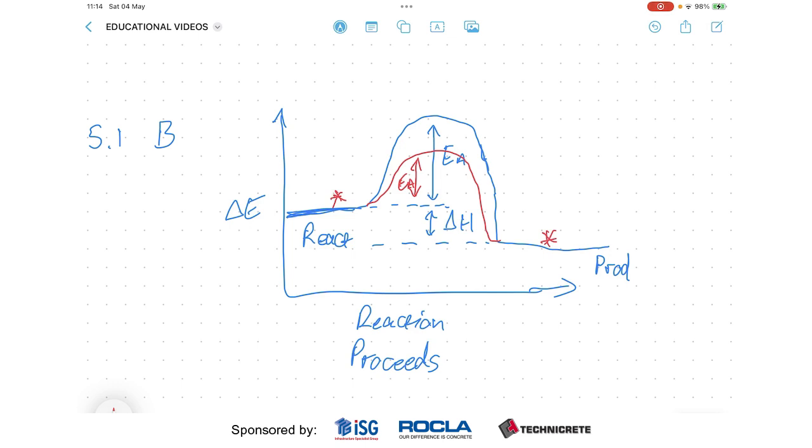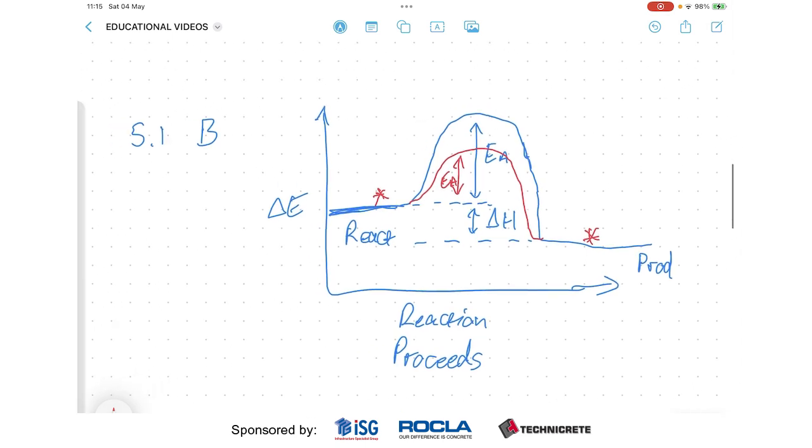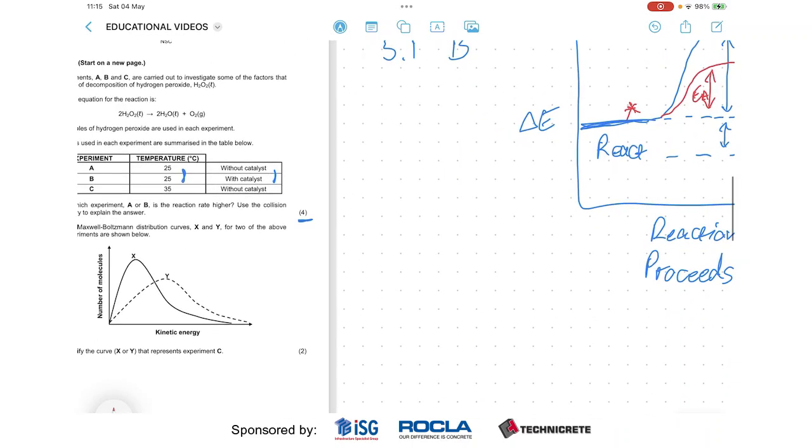More effective collisions happen per unit time because of this. So you can phrase it differently, but the idea is because the activation energy is lower, then each molecule on average has more energy, more kinetic energy, and they collide with each other more often, and therefore the reaction happens quicker. And for that, you'll get your full 4 marks.